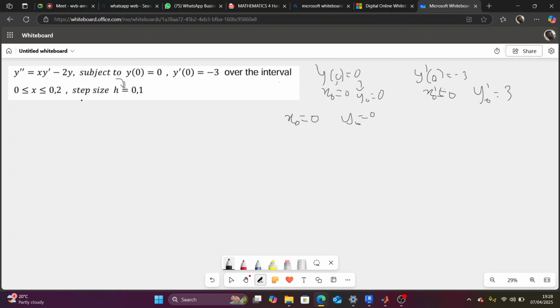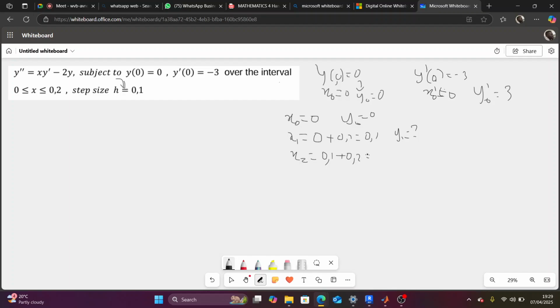Now, using this step, we need to get x1. What is x1? x1 is 0 plus the step 0.1. Do you agree it is 0.1? And therefore, y1 is what? y1 we don't know. That's what we are looking for. Now, we go again, x2. What is x2? x2 is 0.1 plus the step 0.1.